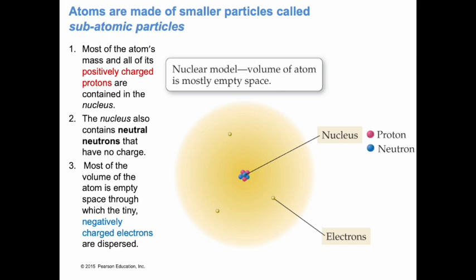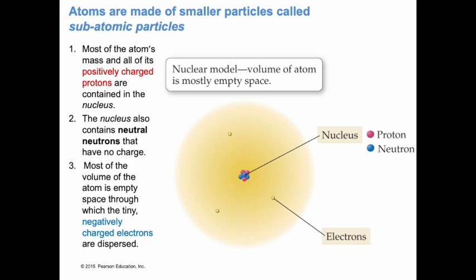Neutrons are neutral particles, and they're also in the nucleus. So protons and neutrons make up the nucleus. The nucleus has most of the mass in the whole atom, and it is positively charged because protons are positive and neutrons are neutral, which means they don't affect the charge.